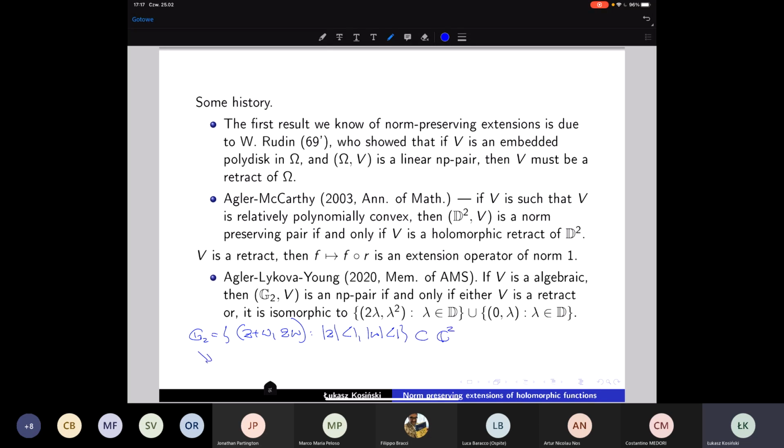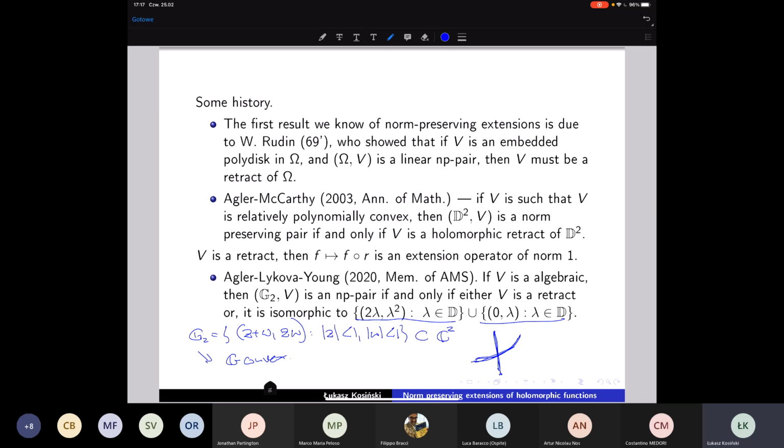This domain is not convex, but it is C-convex, and Lempert's theory works here. And what they showed is that this set, for sure it's not smooth. Okay, so they showed that this set has the extension property in the symmetrized bidisk.